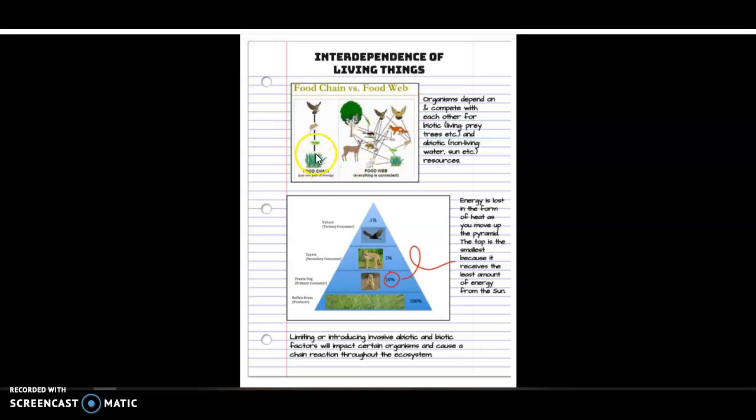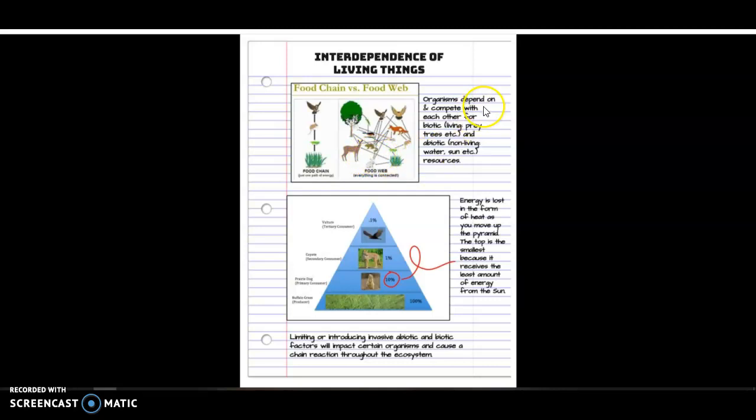A food chain is just going to be one single path going from a producer up to the different levels of consumers. And then we can look at a food web, which is all of the interwoven food chains, looking at many more possibilities of predator-prey relationships and competition and dependence and things like that.